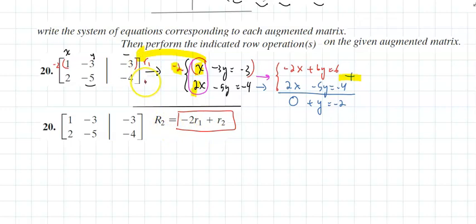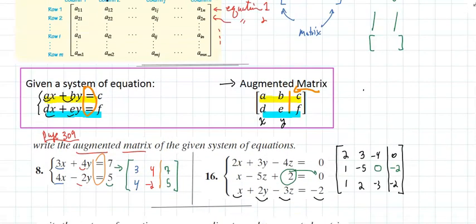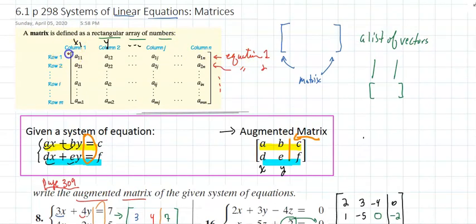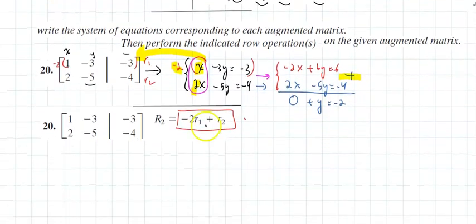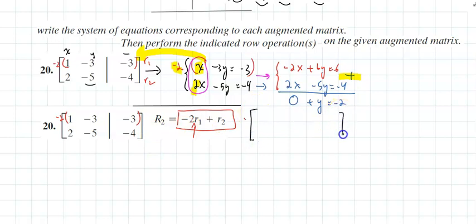Remember, this is row 1, this is row 2, in case you've forgotten. Equation 1 is defined by row 1, equation 2 by row 2, and column 1, C1, column 2, C2, and so on and so forth. So this says take row 1 and multiply it by a negative 2. If I multiply this by a negative 2, what would happen? I will get negative 2 times 1, a negative 2, a 6, and a 6.